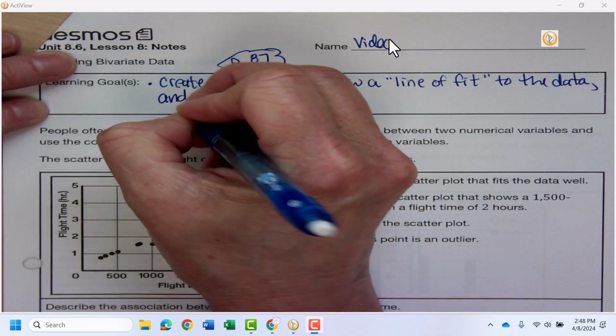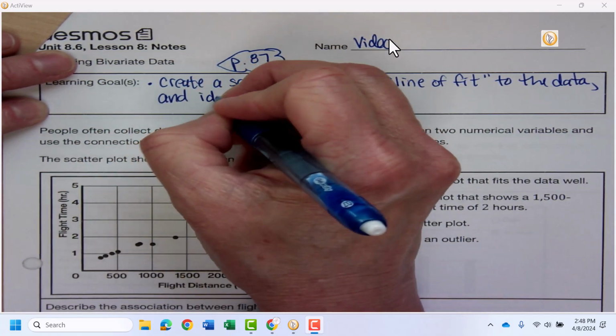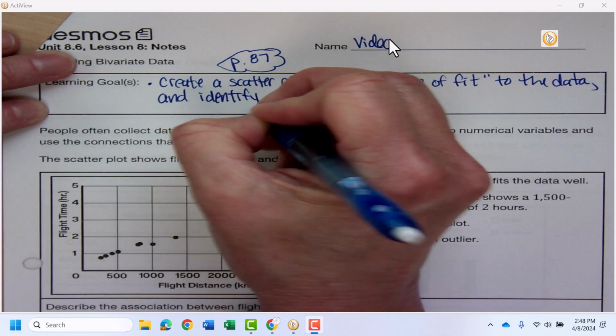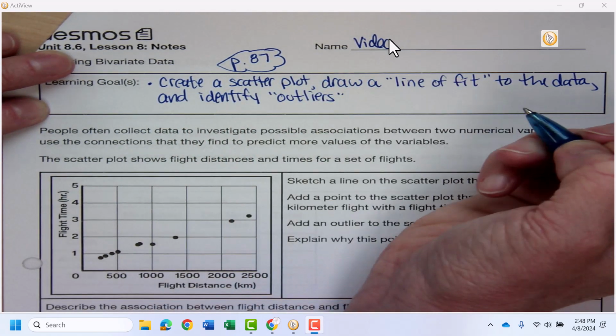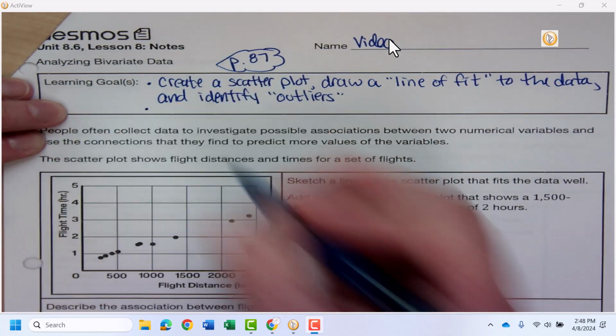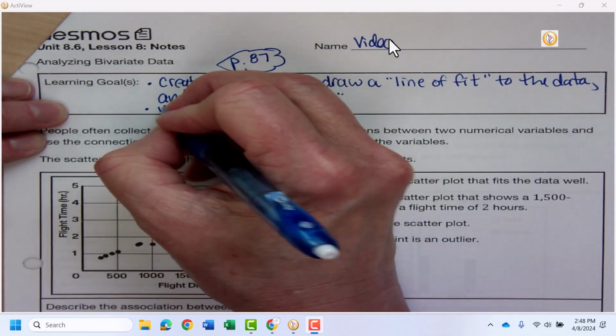We'll talk about what those are in a moment. We'll also use associations to make predictions.